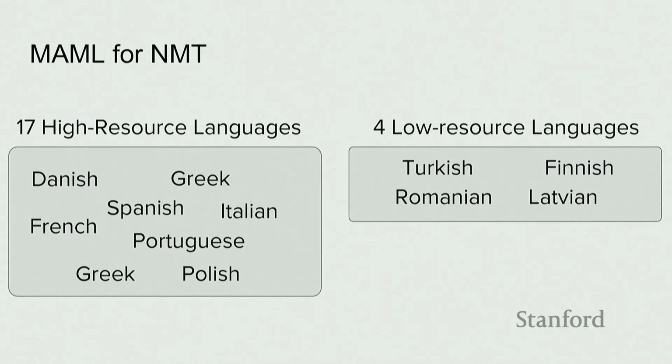The way the authors first set this up as a meta-learning problem is that they first had to define the tasks. They divide it into two sets: the high resource language translation tasks and the low resource language translation tasks. Each task is essentially a translation between two languages, whether it's Spanish to English or French to English, or in the low resource case, Turkish to English.